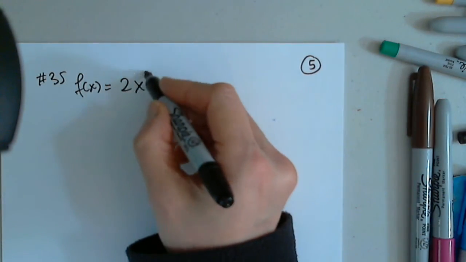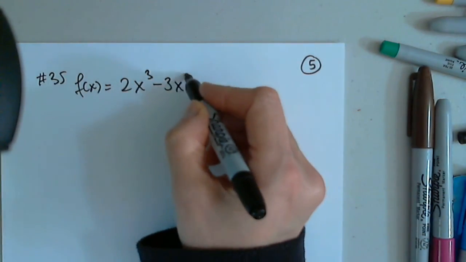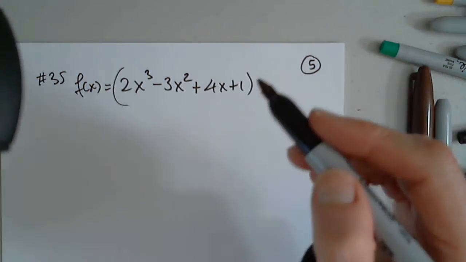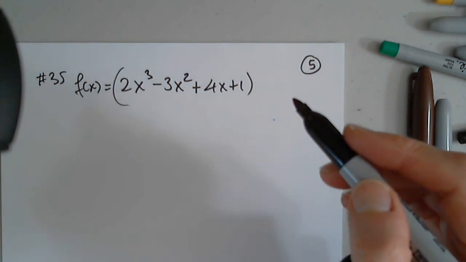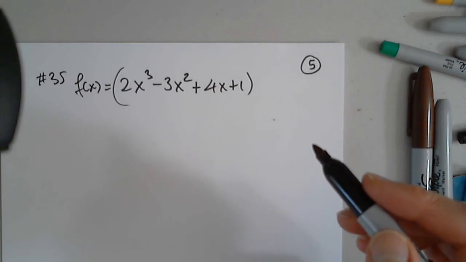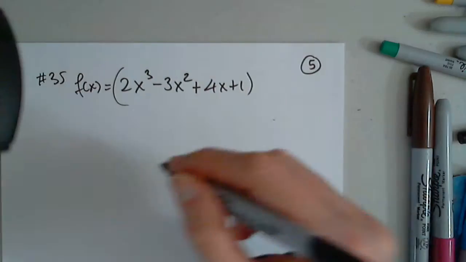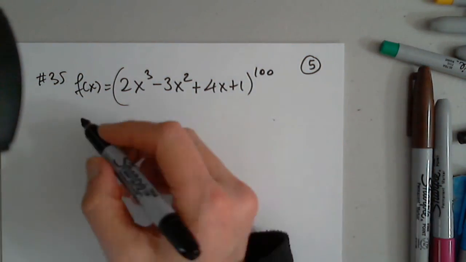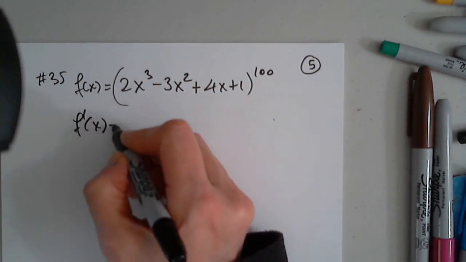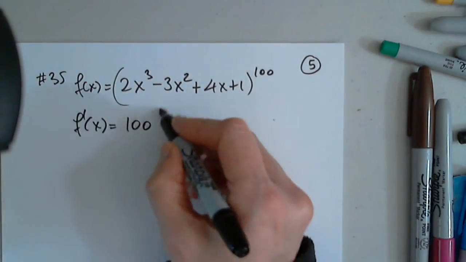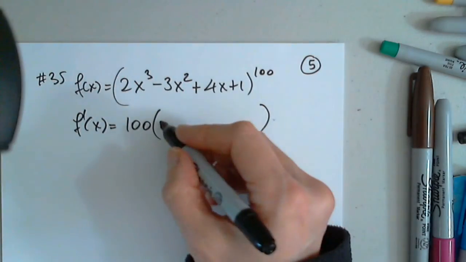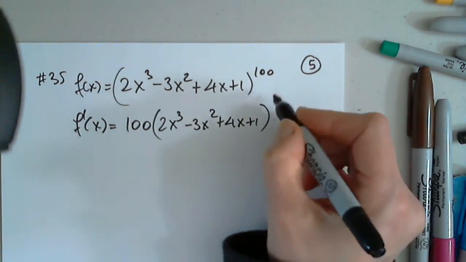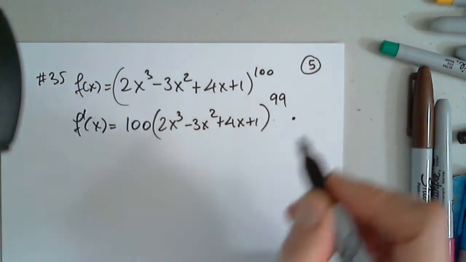Because we already practiced this, and I hope that everyone is in the clear with it. I'm going to copy 33. We bring 100 in front. Then everything will be 2x to the third minus 3x squared plus 4x plus 1 to the 99. And then multiplied.